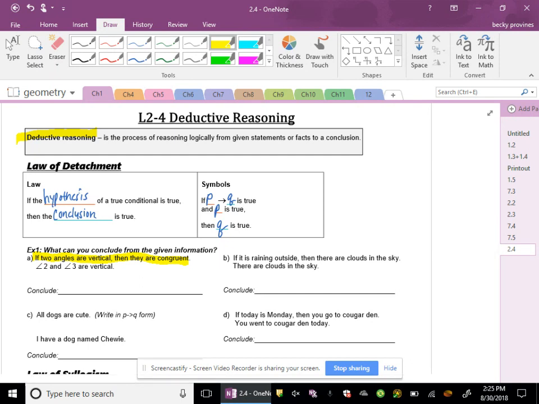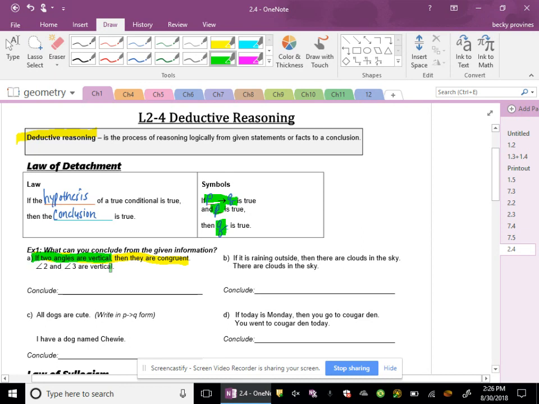Now, there's three sentences total. The second sentence should always talk about the P. Notice how it says P, then Q, then it talks about the P, then it talks about the Q. So let's focus in on just the P, which is your hypothesis.